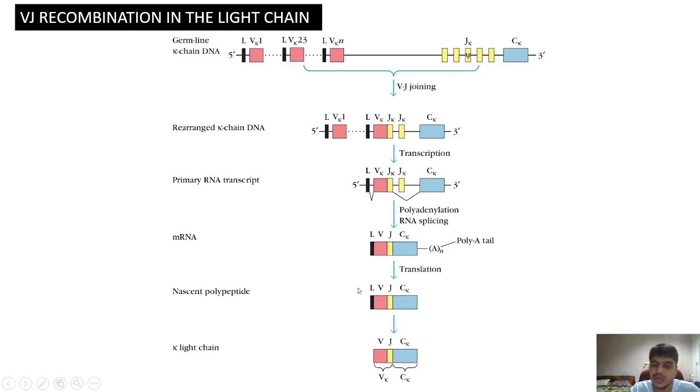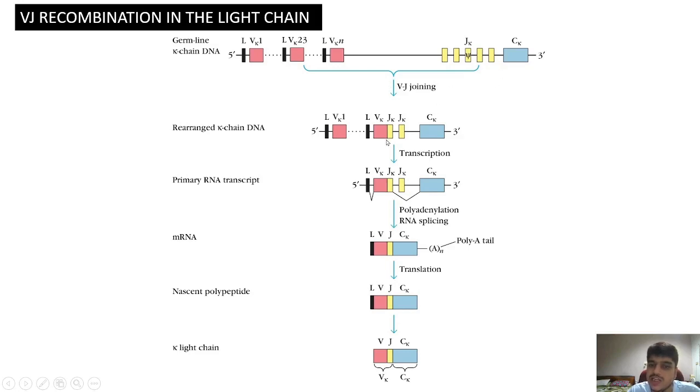You must know there are two light chains, one is a kappa light chain and one is a lambda light chain. The example we saw here was the kappa light chain. So here it begins in the germline DNA of the kappa light chain. V and J combine.